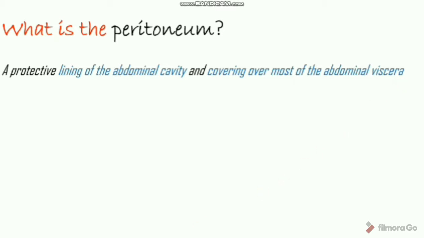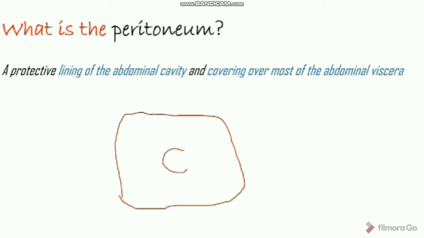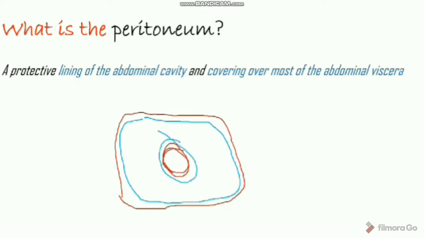So just suppose this is your abdominal cavity, the wall and the cavity within, and this is your abdominal viscera, some organ inside your abdominal cavity. So the peritoneum will be lining it from within, a protective lining from within, and it will also be covering your viscera from outside. So both of these together is the function of your peritoneum.